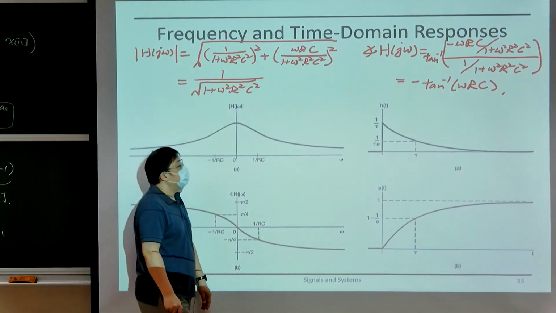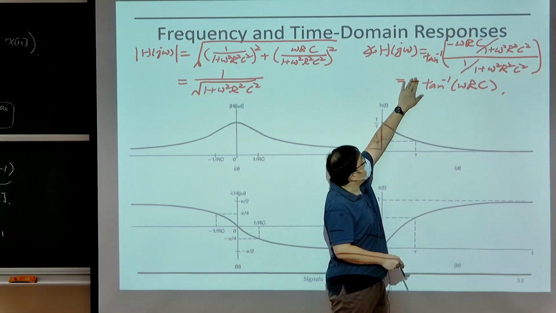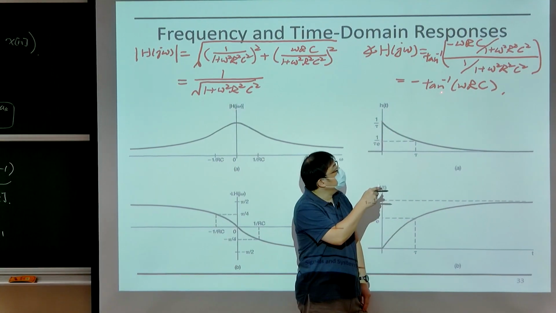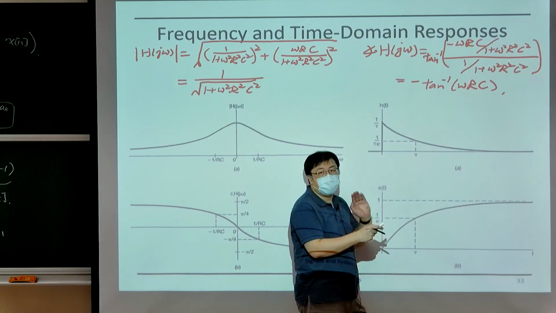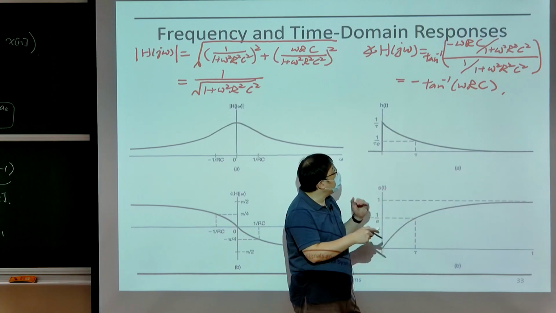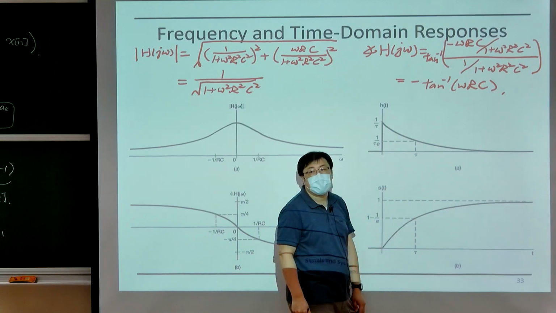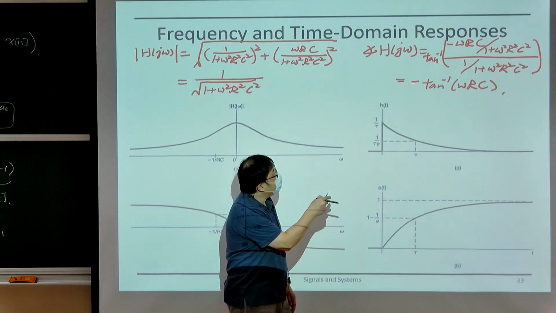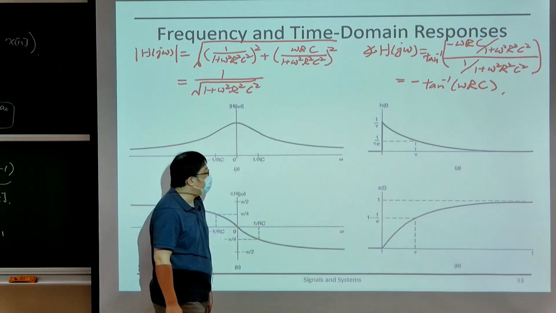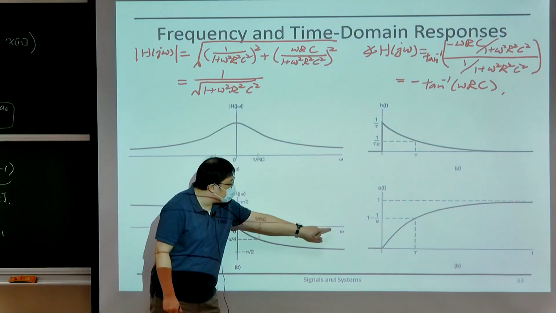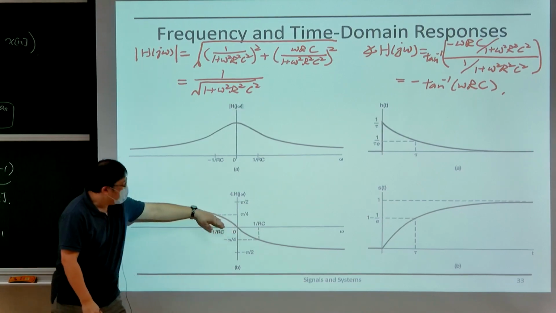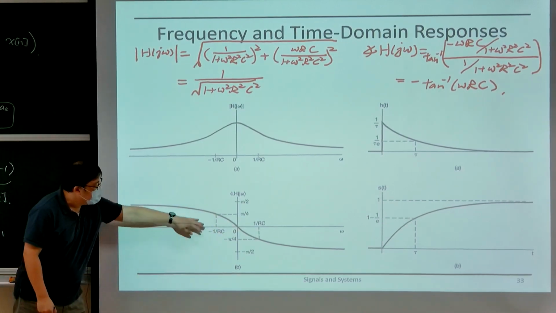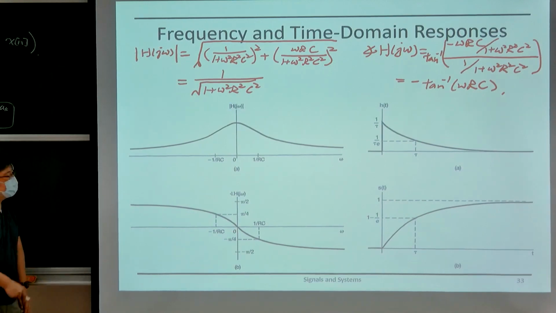If you don't look at the negative sign, arctangent converges to pi over 2 as omega goes to infinity, and goes to minus pi over 2 as omega goes to minus infinity. And this negative sign in the front switches this around. So as omega goes to infinity, this converges to minus pi over 2, and on the other side, it converges to pi over 2 as omega goes to minus infinity.